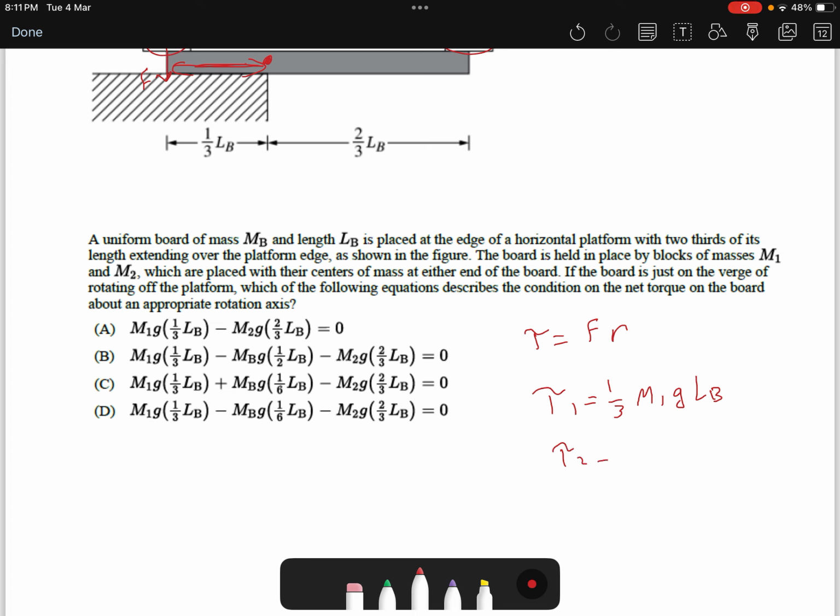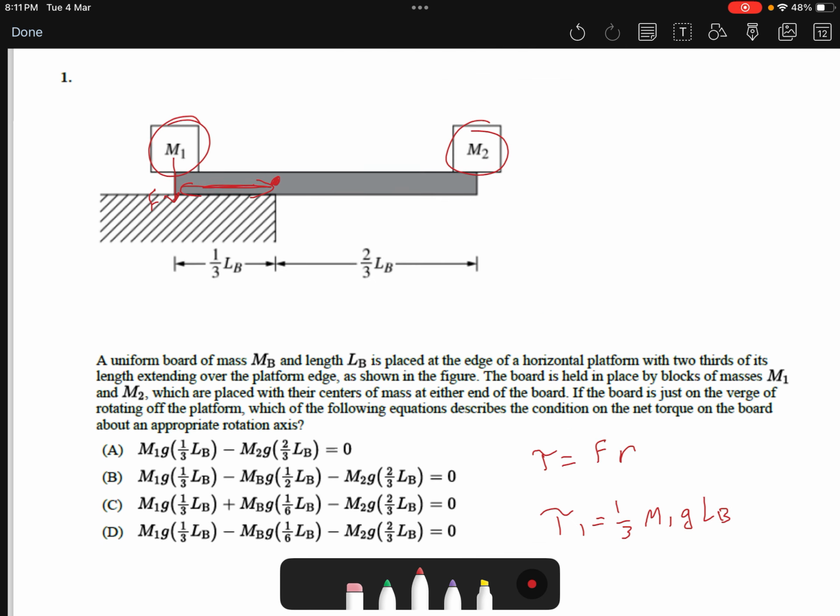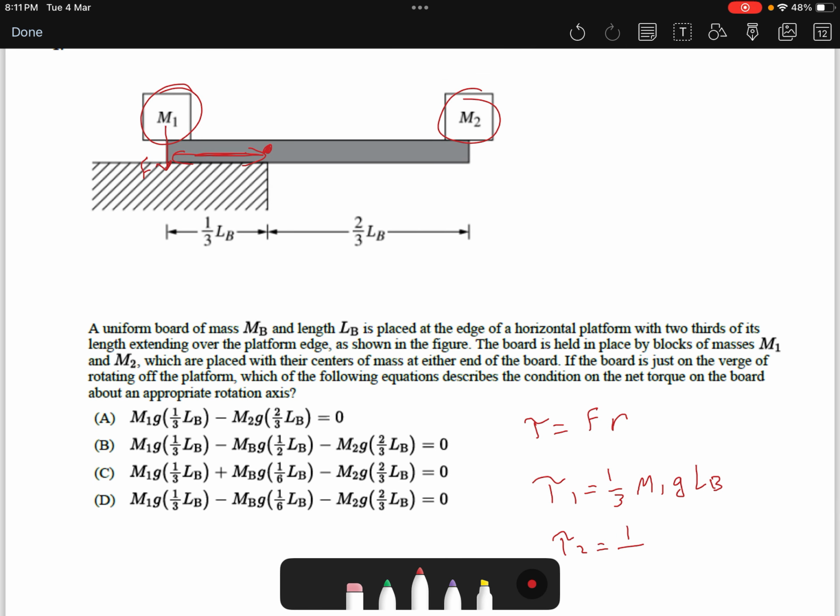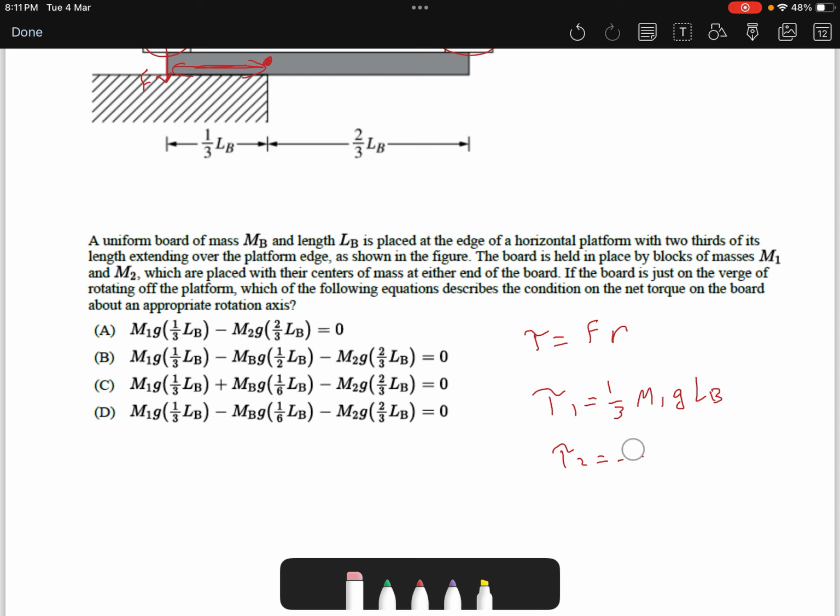Tau 2 equals 2 over 3 times LB. This is the distance R. The force is M2 times G, I'm sorry. M2 times G. So this is tau 2.